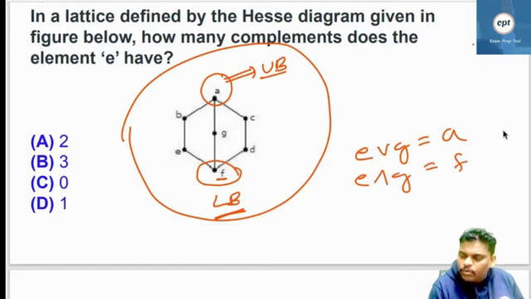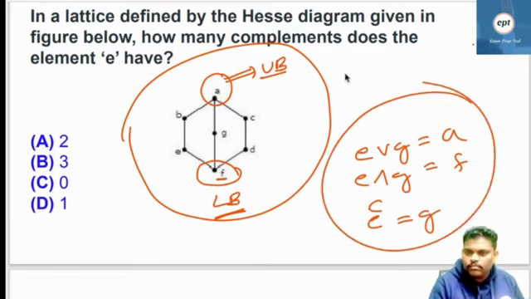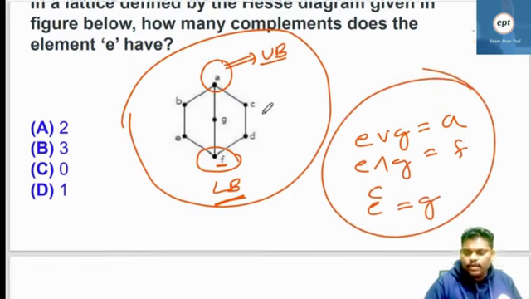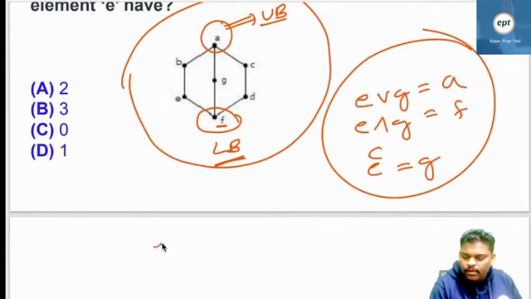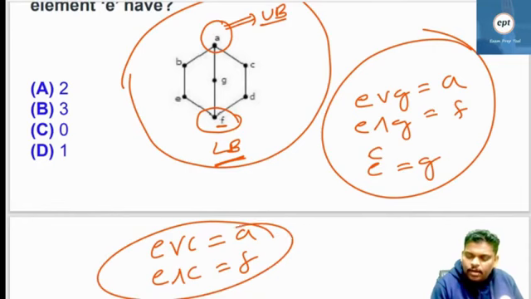F, the lower bound. So E complement is G. In a similar way, E and C meeting above is A, and meeting below is F. Again, E complement is C.